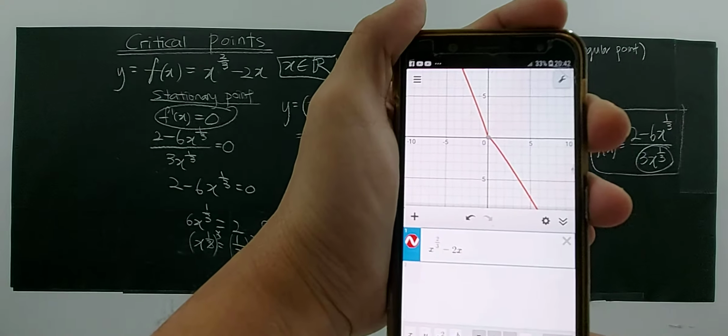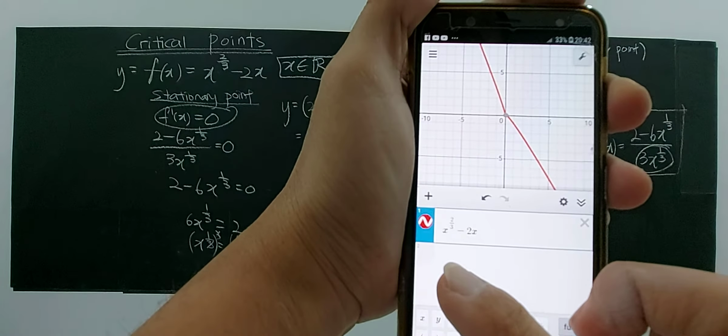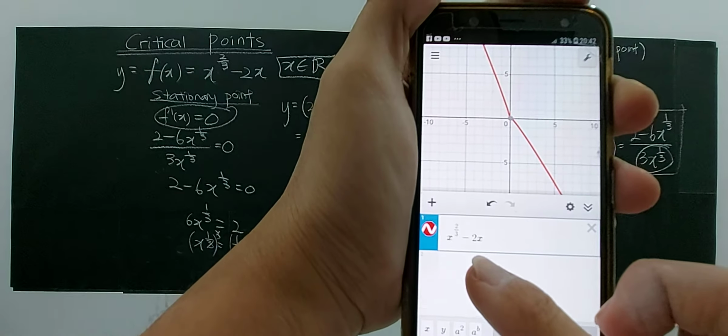If you look at here, you can't really see what is happening, right? So x to the power of 2 over 3 minus 2x.